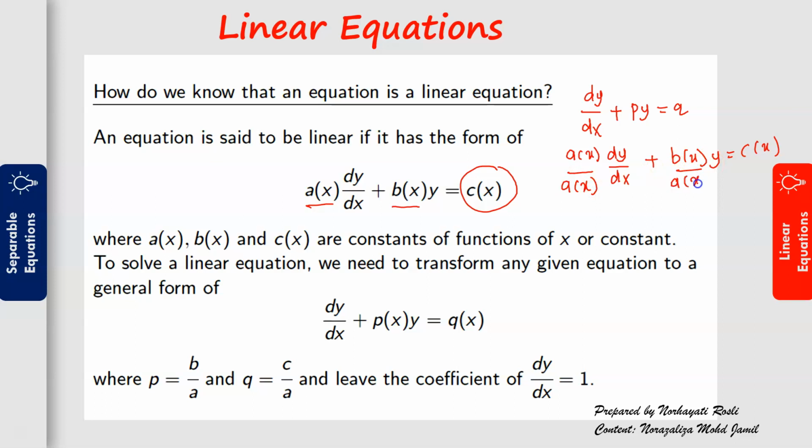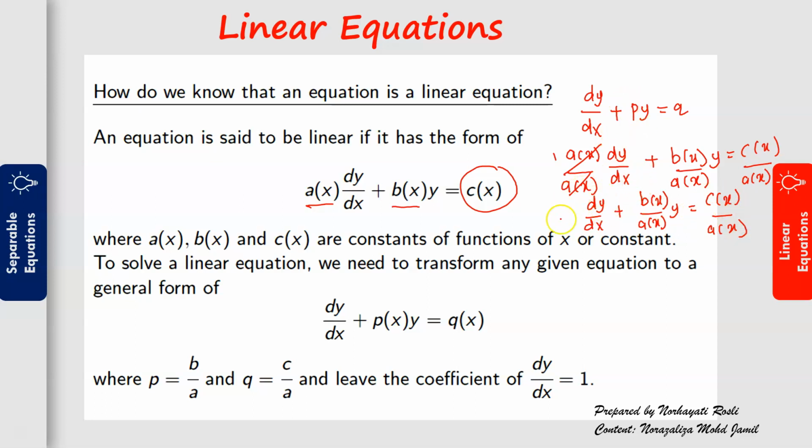This one divided by a(x), and this one we also divide by a(x). This one will be equal to 1, which means I will have dy/dx plus b(x) over a(x) times y equal to c(x) over a(x).